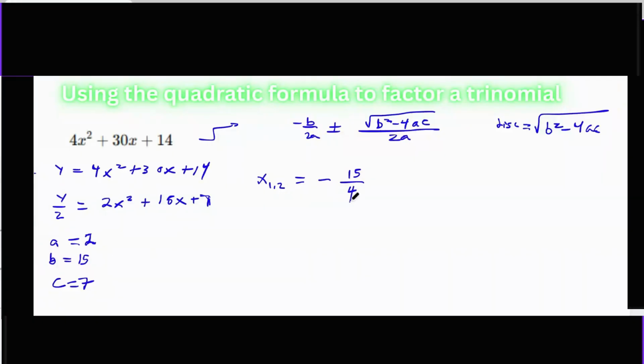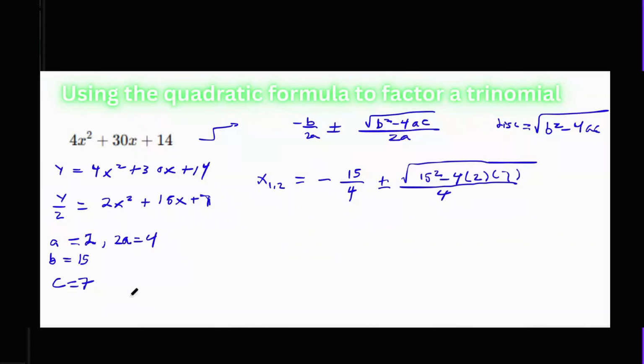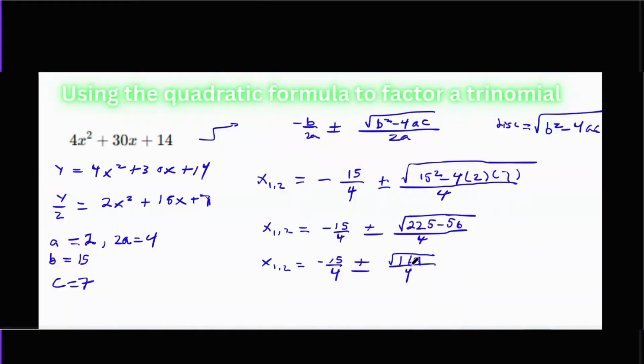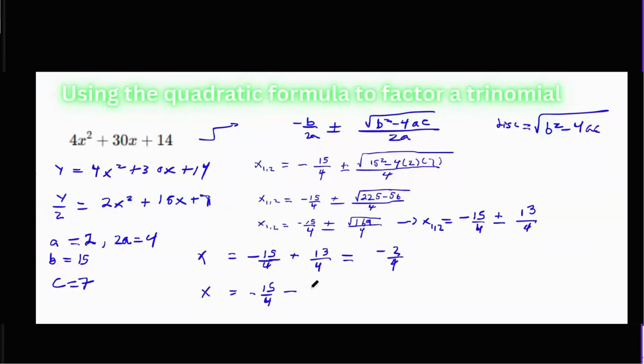2a is going to give me 4. Okay, that's going to end up giving me something nice. I've got the square root of 169 here. But to get it in factored form, make sure that you're not reducing down until the end. Okay, I'm going to show you why that's important.